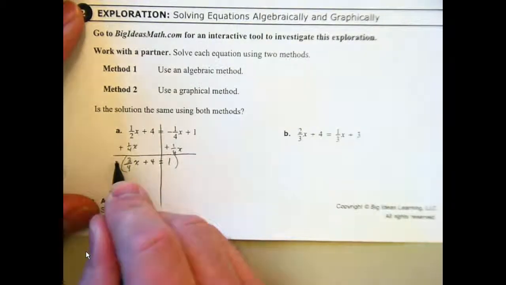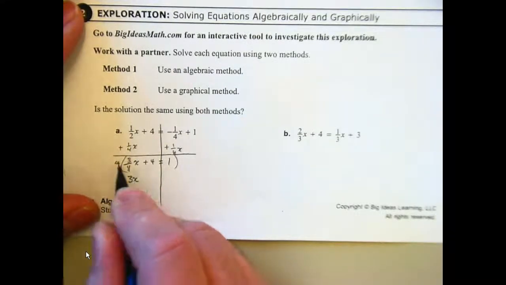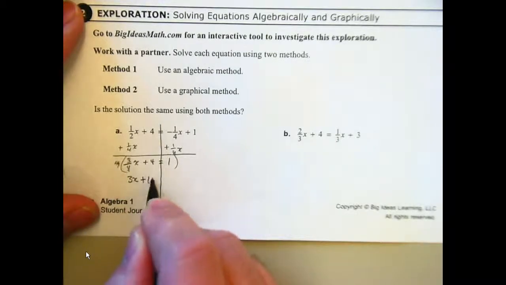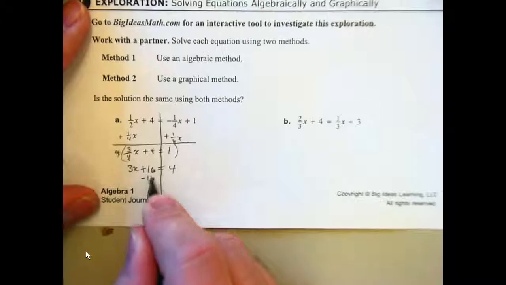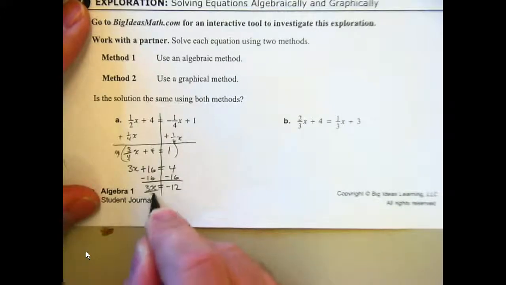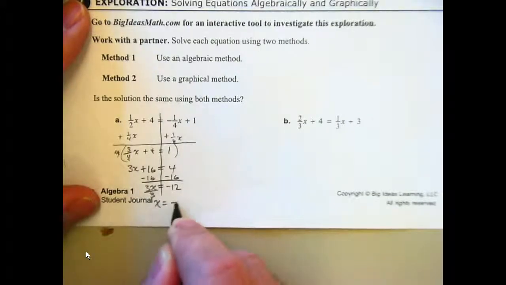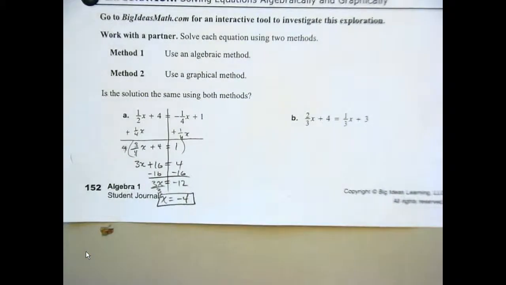That gives me 4 times 3 divided by 4. The 4 is just canceled there, so I'm left with 3x. 4 times 4 is 16, and 4 times 1 is 4. Subtract 16. 3x equals negative 12, and divide by 3. X is negative 4. X equals negative 4.